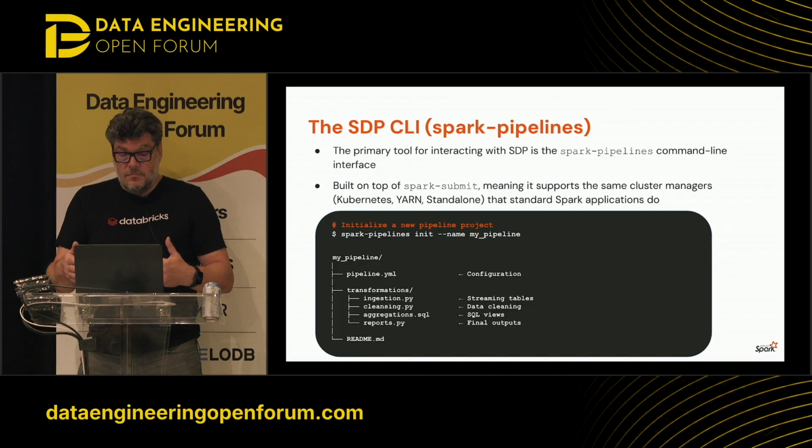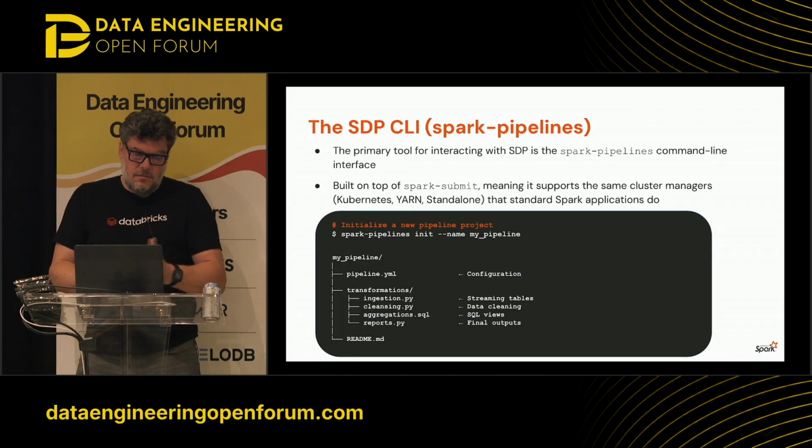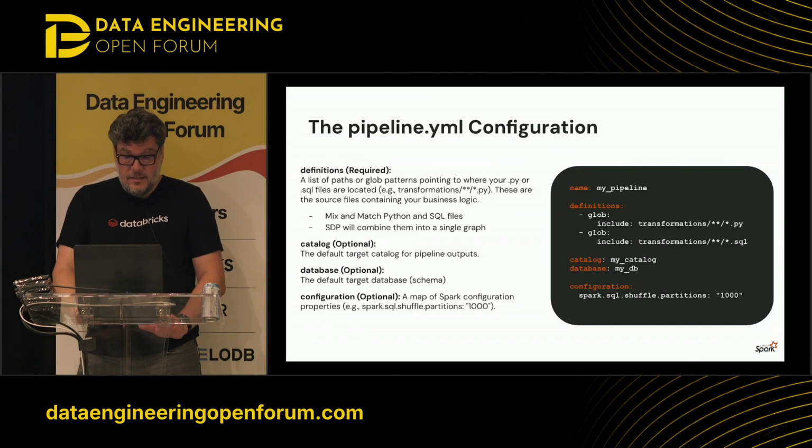They don't have to be, but the standard scaffolding puts them under a subfolder called transformations. And they can be in Python, they can be in SQL. You can mix and match and distribute them across as many files as you want. And then typically a README, which documents what this pipeline does. So that's what the structure is like.